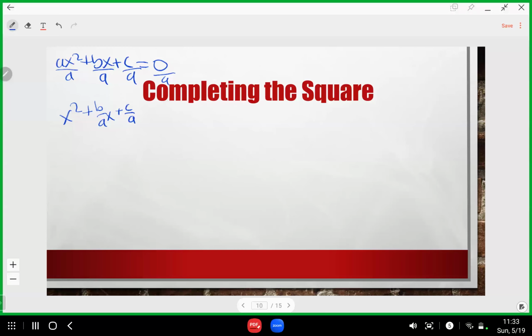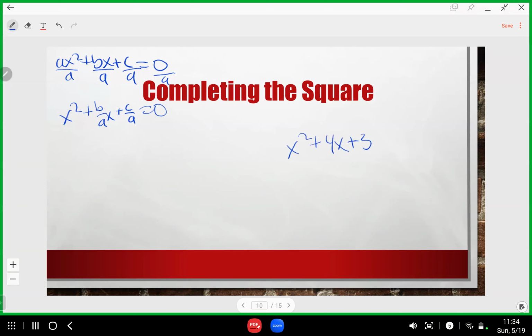Okay? So the thing is, now, sometimes we have a c term, but we don't know if it adds up to the square, right? So let me just give you an example here. So x squared plus 4x plus 3, right?